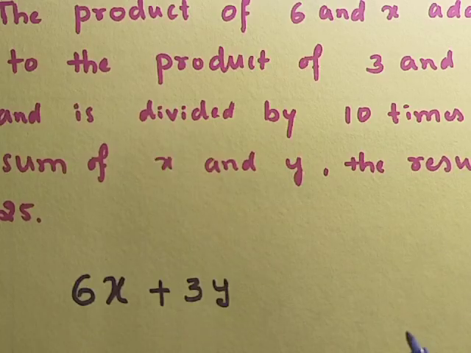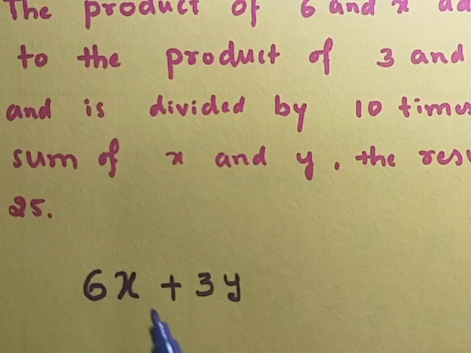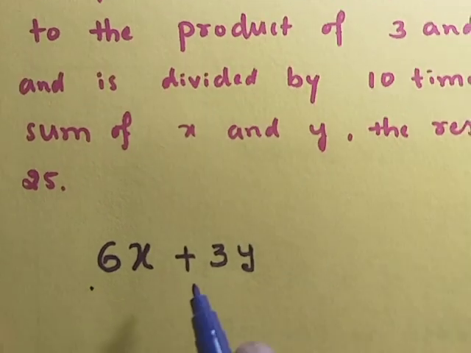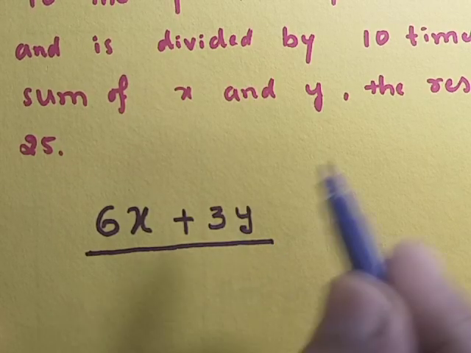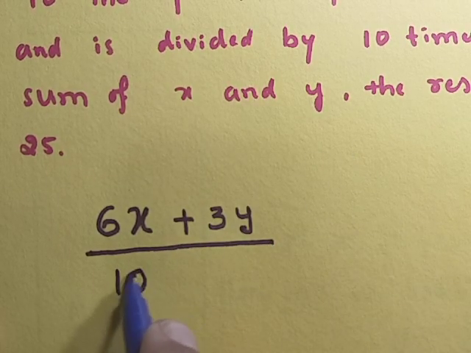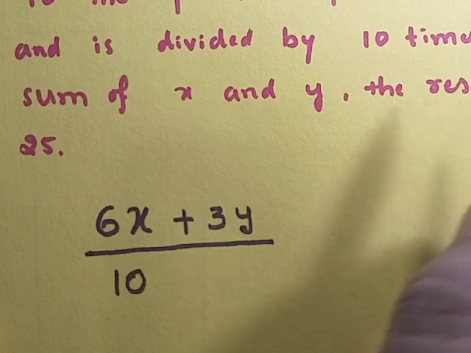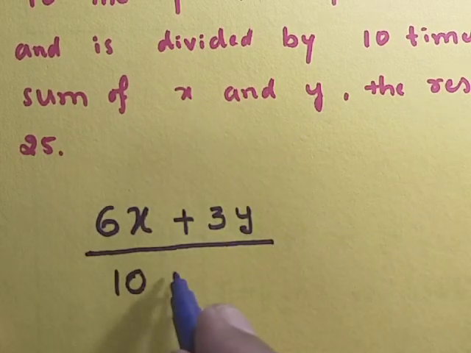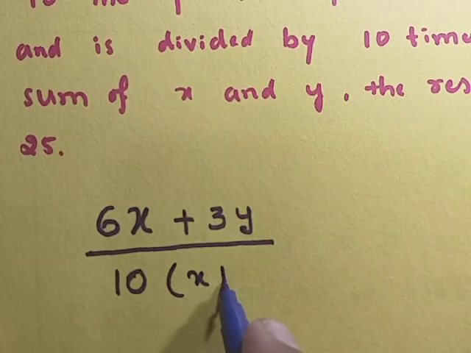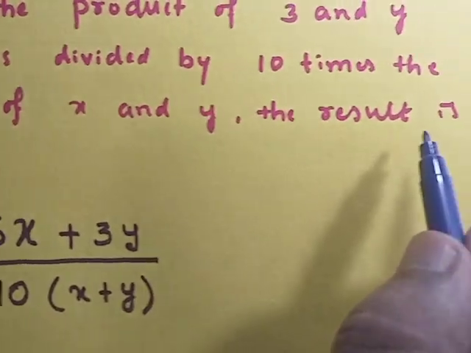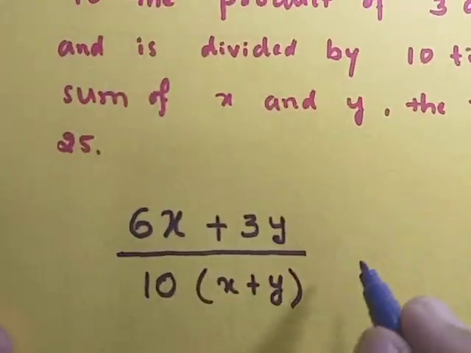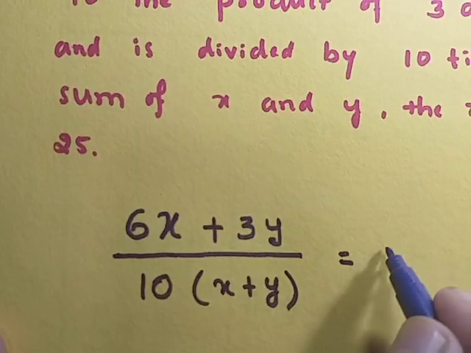And this is completely divided by 10 times the sum of x and y. The result is 25. This is equal to 25.